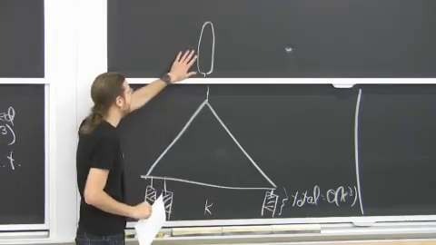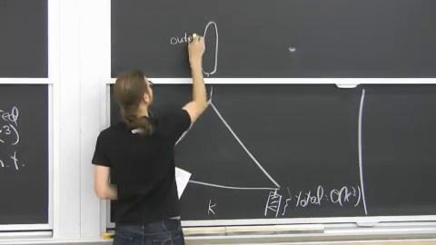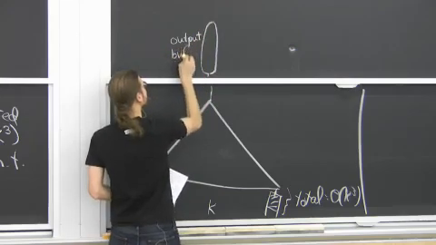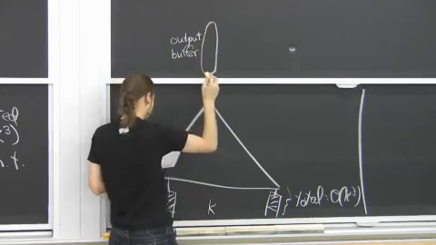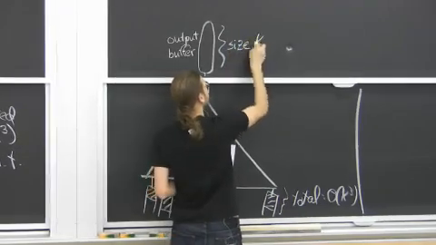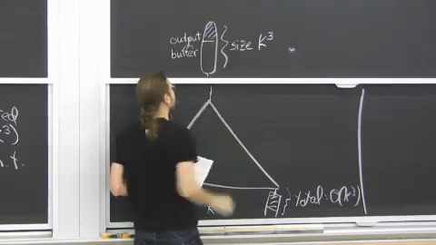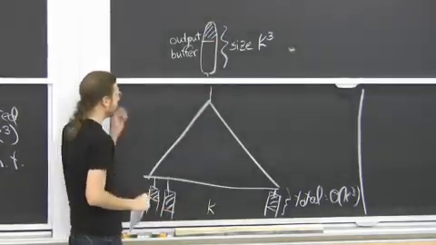And then at the top here, we have our output buffer. This is where we're going to put the results. And this will have size k cubed. Maybe we've already done some work and we filled some of it.